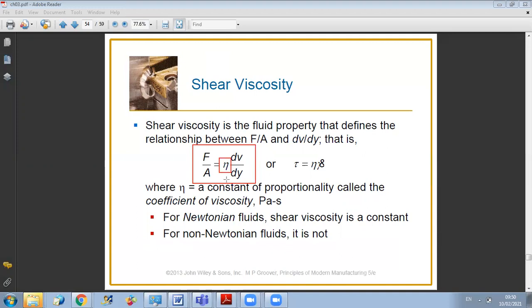Eta is a constant of proportionality called the coefficient of viscosity. Now, this viscosity can be constant or variable. For Newtonian fluids, the shear viscosity is constant, while for non-Newtonian fluids, it's variable. We will see the behavior of different materials to see for which one we have constant viscosity and for which one the viscosity is variable.